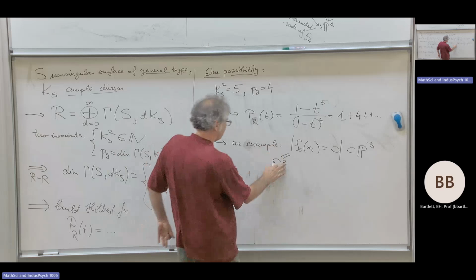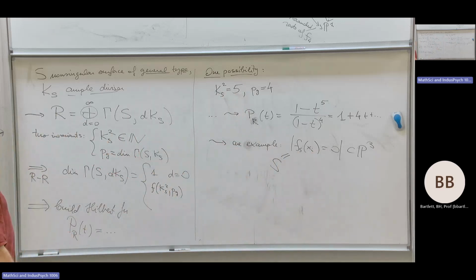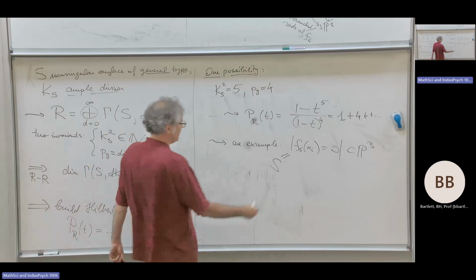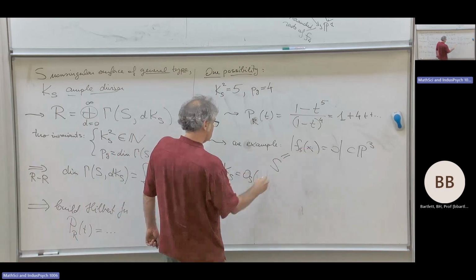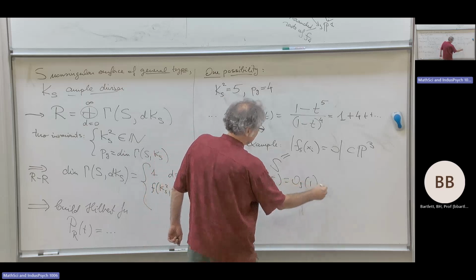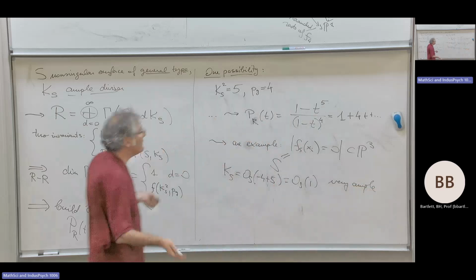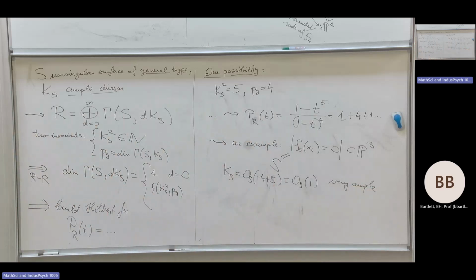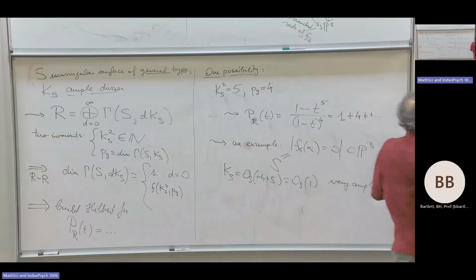Anyway, this surface is a surface of general type. So Ks is OS of minus 4 plus 5, so this is OS of 1. So this is ample, in fact, very ample in this case. So okay, this is a trivial surface of general type. The quintic surface in P3 is a surface of general type, and it's not such an interesting example. We know it. We don't need graded ring methods to construct it.